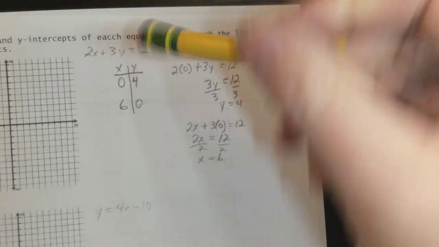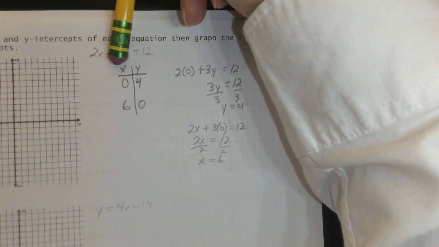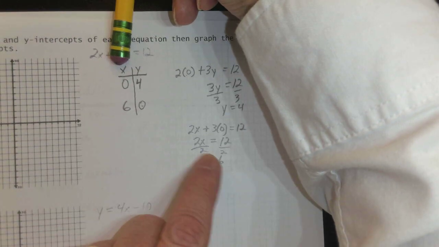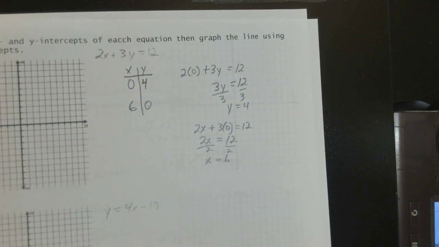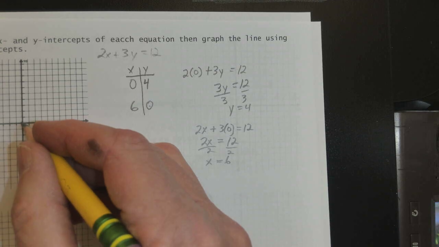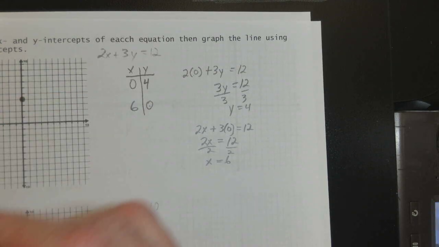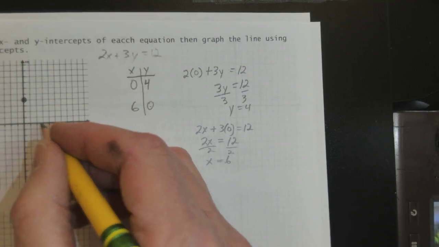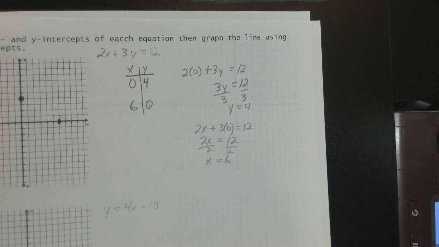Divide by 2, and I got x equals 6. And then, see, I can just cover up on that one. When y is 0, cover up the 3y. 2x equals 12. I had 2x equals 12 here. All right. Plot each intercept. 0, 4. 1, 2, 3, 4 is right here. 6, 0. 1, 2, 3, 4, 5, 6. 0 is right here.